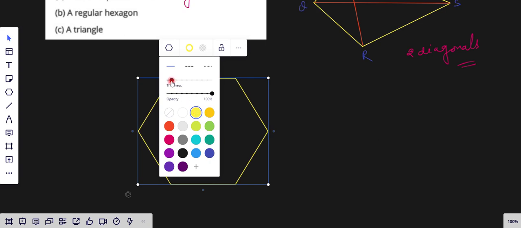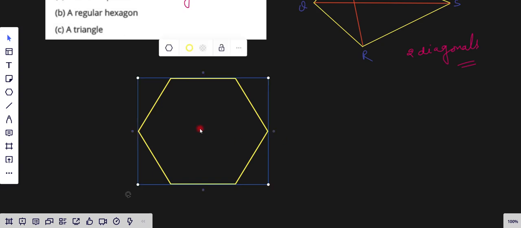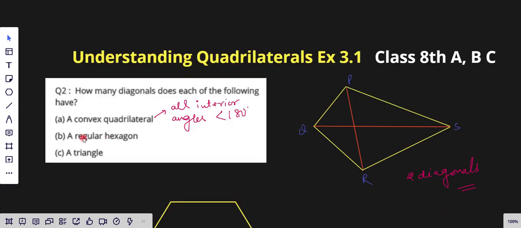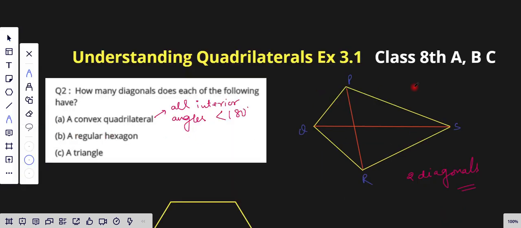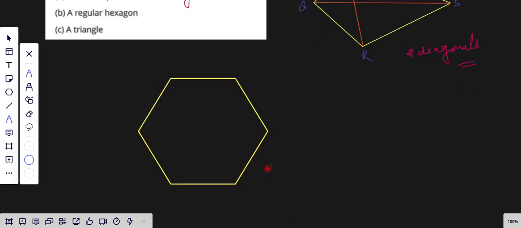So let's say this is a regular hexagon. This was a convex quadrilateral, and now this one is a regular hexagon.